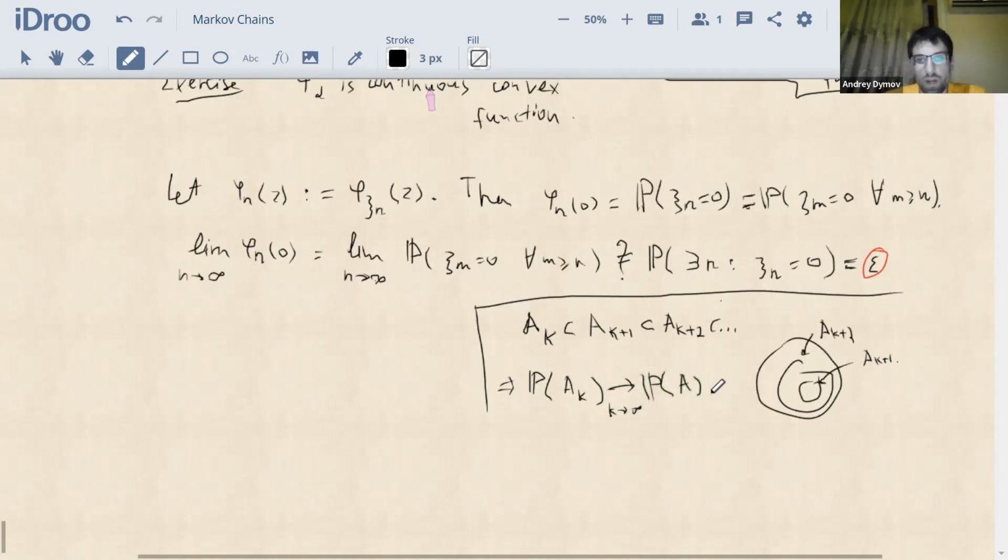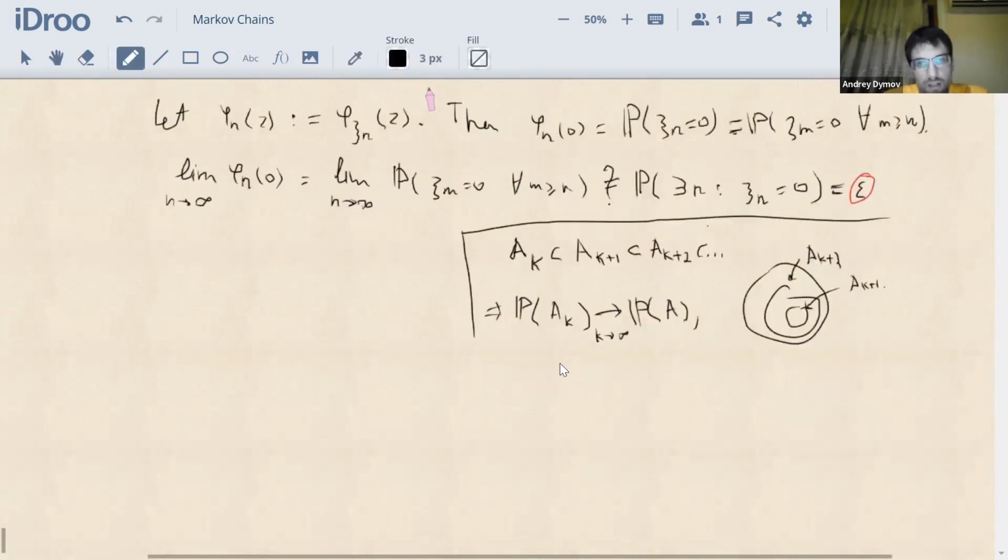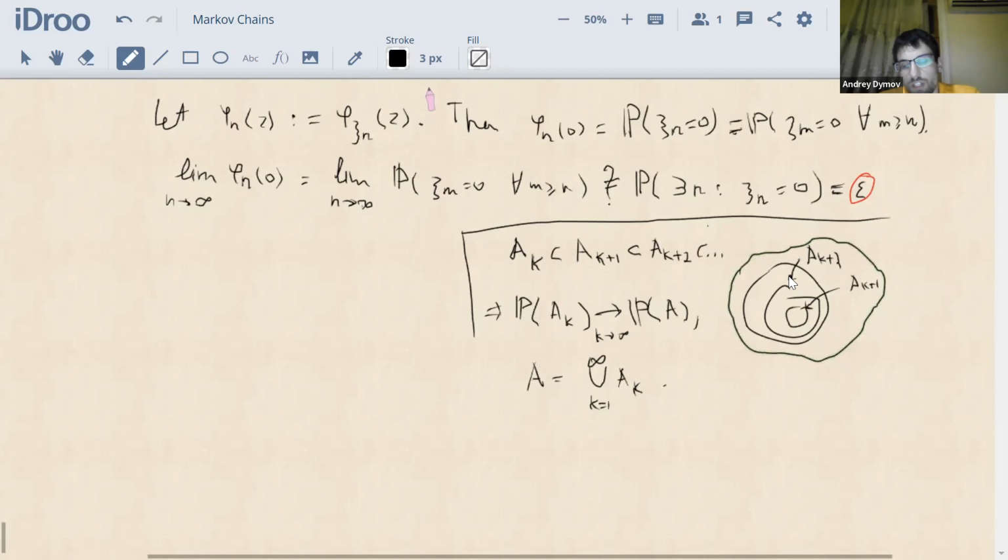where the event A is given as a union of all events A k from 1 to infinity. Actually, what I have said is the following: assume we have such a picture, and then you have some event A, which is obtained by taking the union of all these expanding events.